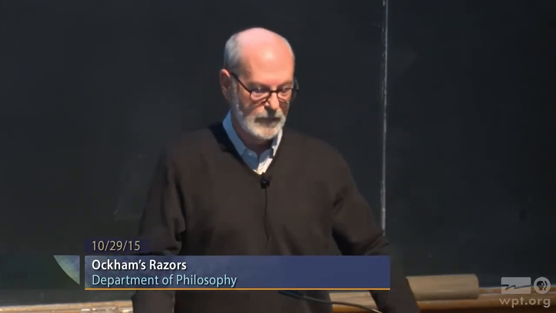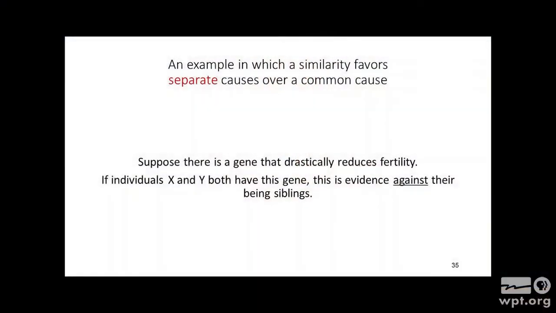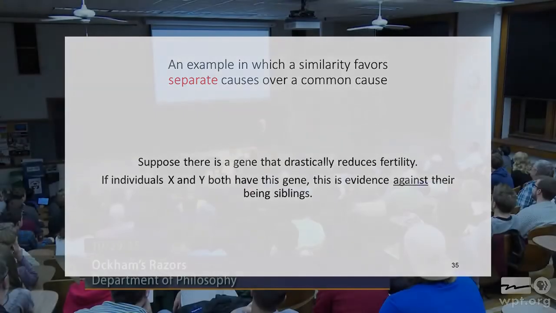Okay, suppose there is a gene that doesn't make you sterile, but it makes you have very low fertility. Your chance of having a kid is extremely low. Now imagine the two individuals in some population both have that gene. I think that's evidence against their being siblings.